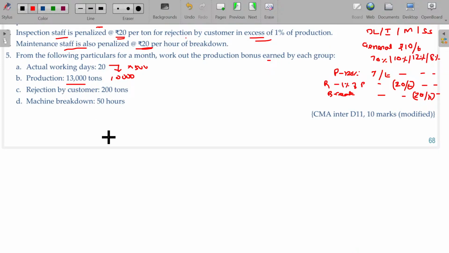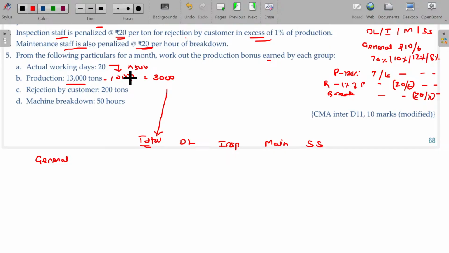Okay, first one. How many units produced beyond my standard? 3,000 units produced. So who are the employees we have? Direct laborer, inspection staff, maintenance staff, and supervisory staff. Now the general incentive. In total, how much is payable?